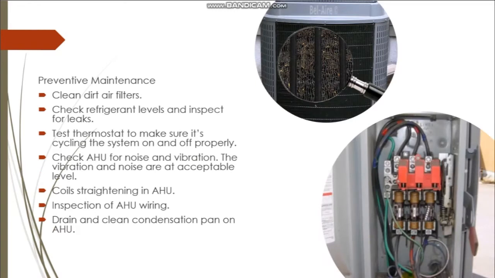The next one is preventive maintenance. Preventive maintenance is a type of maintenance that we use to prevent any mishap before it happens, by cleaning the dirt inside air filters.